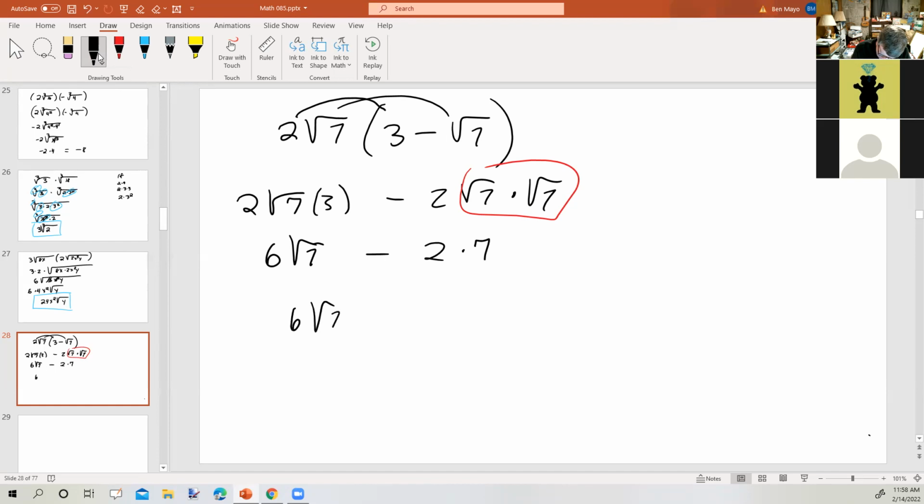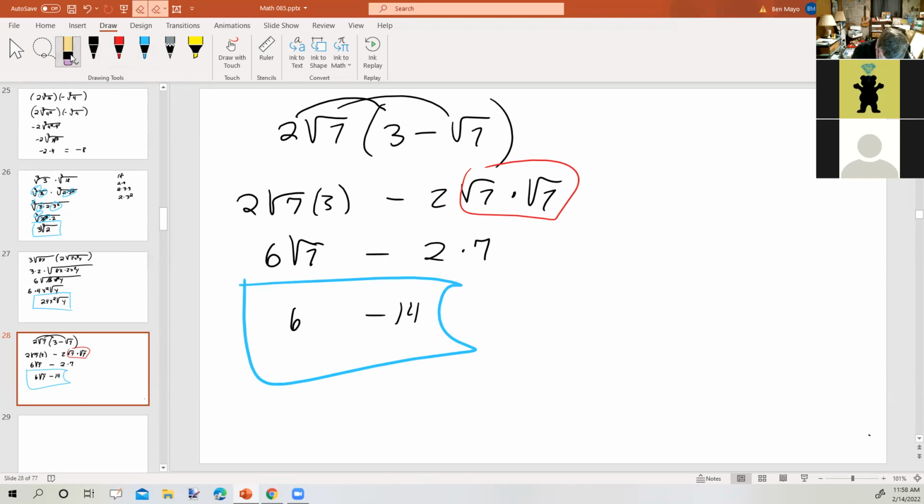So we get 6 square roots of 7 minus 14. Any questions there? Okay.